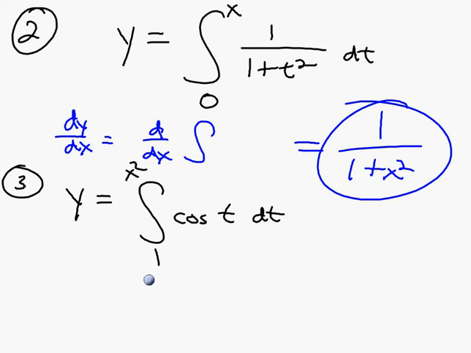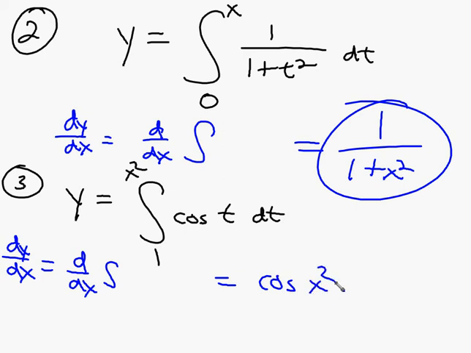Now, if I'm finding the derivative, remember, we were asked to find the derivative, dy dx. So I am doing the derivative of an integral. So I am going to have the cosine of x squared.